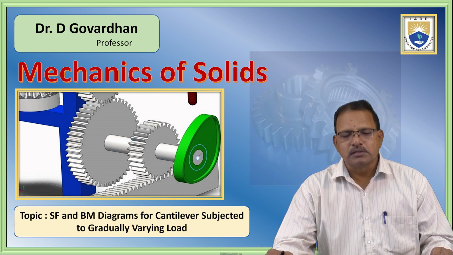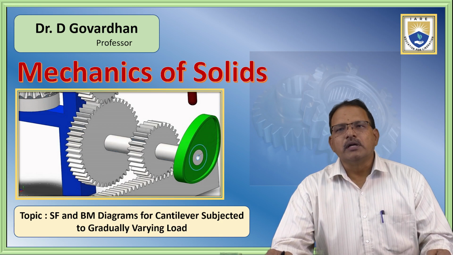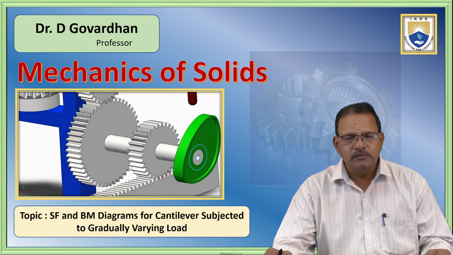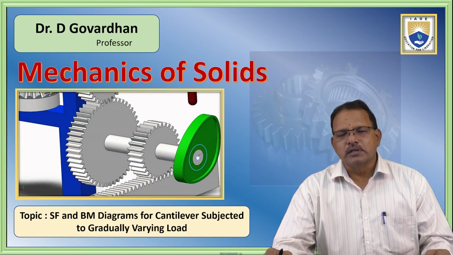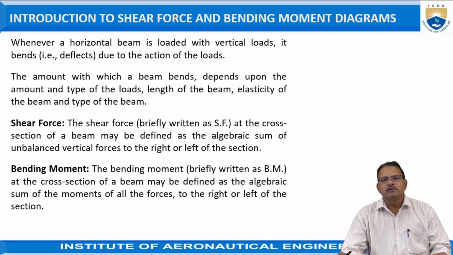Today, we are discussing shear force and bending moment diagrams for the cantilever beam subjected to gradually varying load in mechanics of solids. Whenever a beam is subjected to vertical loads, it always deflects or bends due to the action of the loads.